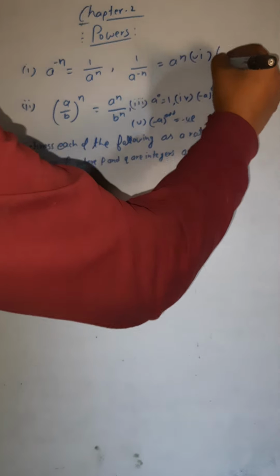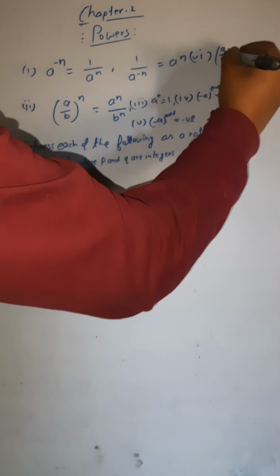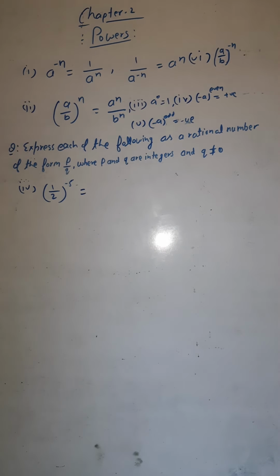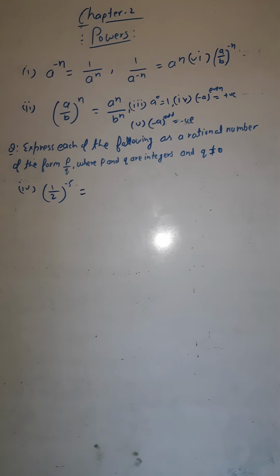If it is like this, a by b raised to the power minus n, remember this always. This you have to remember. If it is a by b raised to the power minus n, it can be written as b by a raised to the power n.